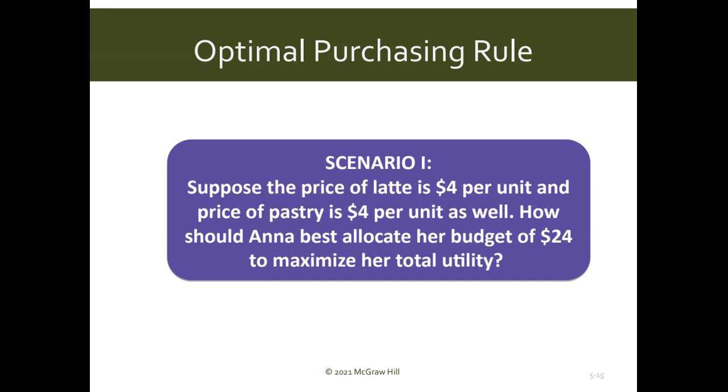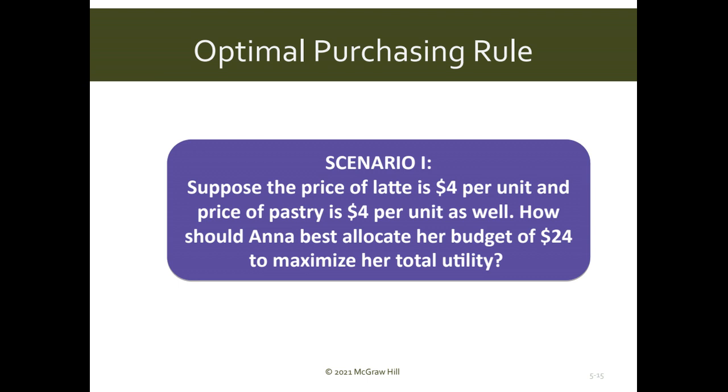How should Anna best allocate her budget of $24? Suppose Anna has only $24 to spend on these two products to maximize her total utility, not marginal utility, total utility.